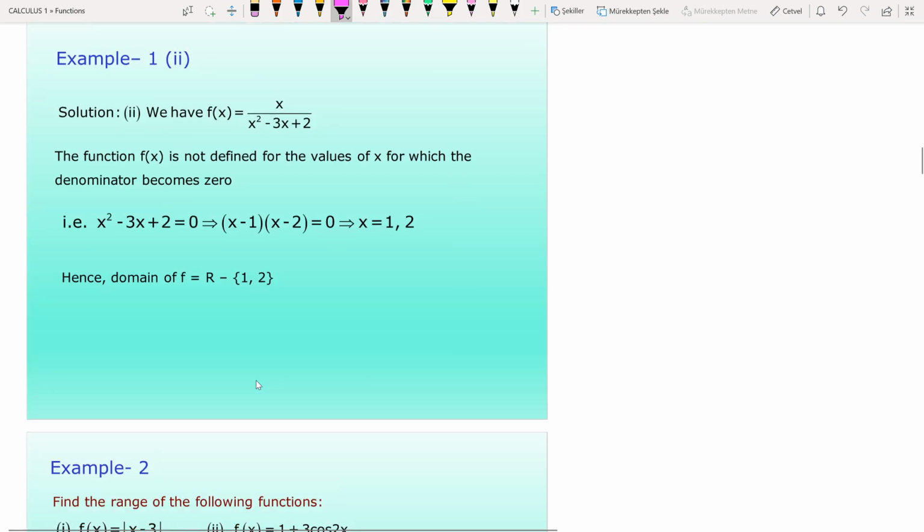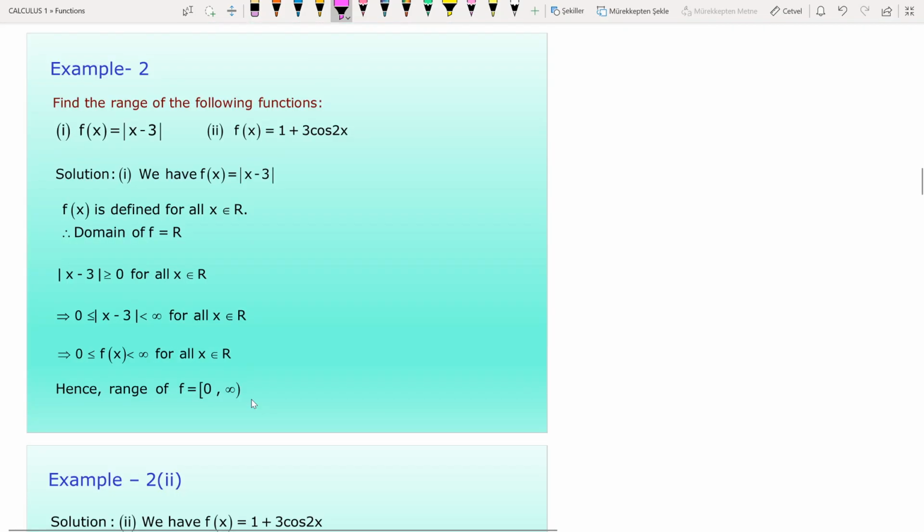X squared minus 3x plus 2 is equal to 0 implies x minus 1 times x minus 2 is equal to 0. So we have two cases: x is either 1 or 2. So if you subtract these 2 points from the real line, then you have the domain of the given function.